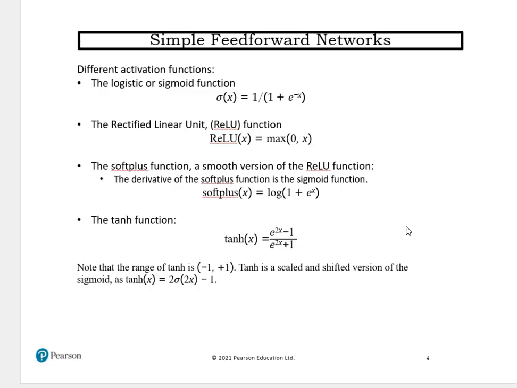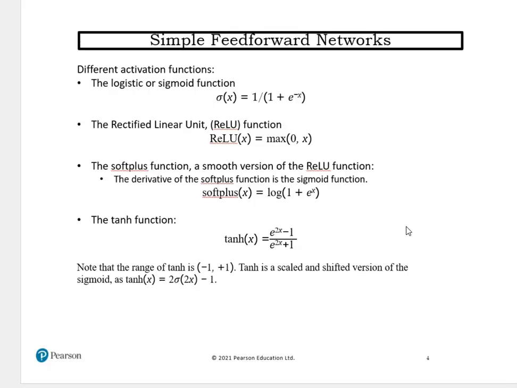The rectified linear unit, or ReLU for short, is essentially a max between 0 and x. So as you can see, it doesn't take any negative value. It's just max of 0 and x, meaning for any input that's negative, we'll use a 0, and for any positive x, we'll use the actual x.